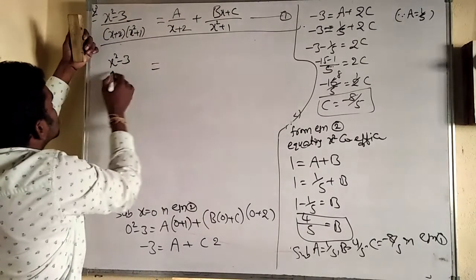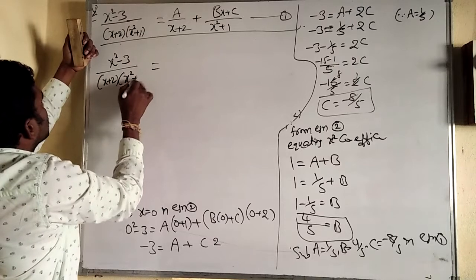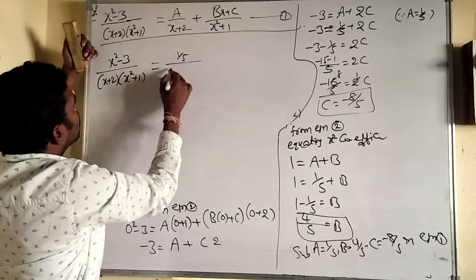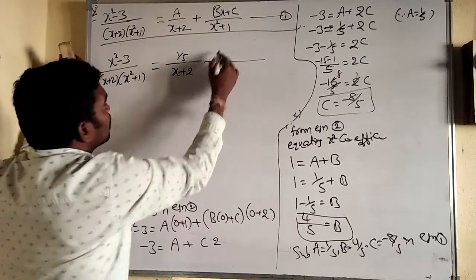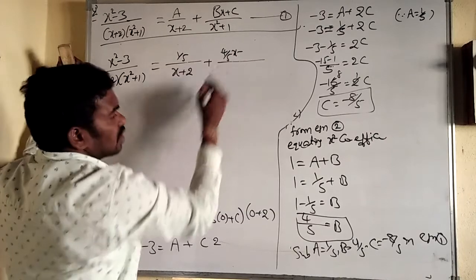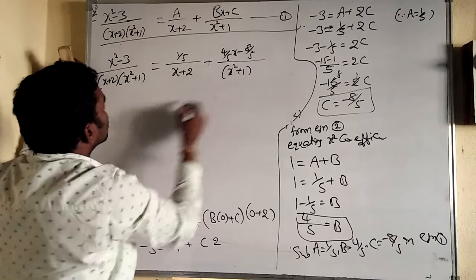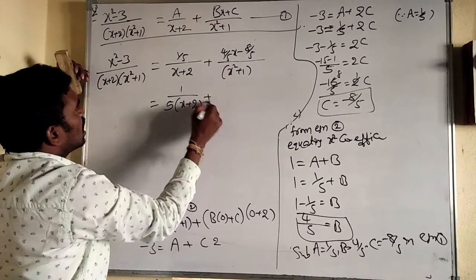Okay, don't write this again, already it is at the top of the answer sheet. x square plus 1 equal to a. a value we got it, 1 by 5. So 1 by 5 by x plus 2 plus b value 4 by 5, 4 by 5x, and c value minus 8 by 5 by x square plus 1. So which is equal to 1 by 5 into x plus 2 plus c.